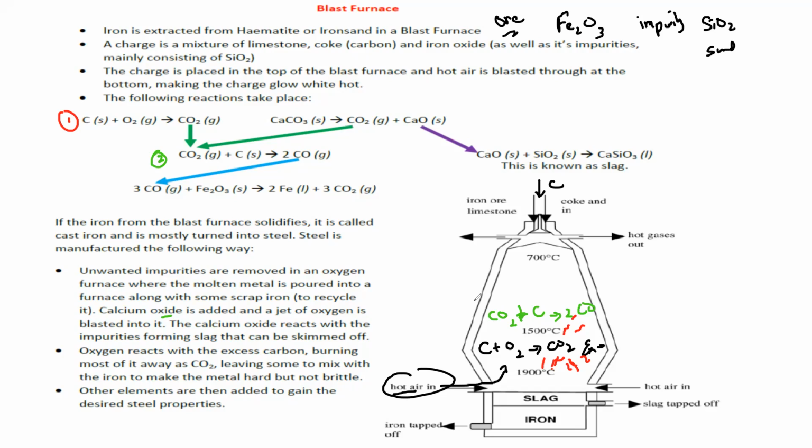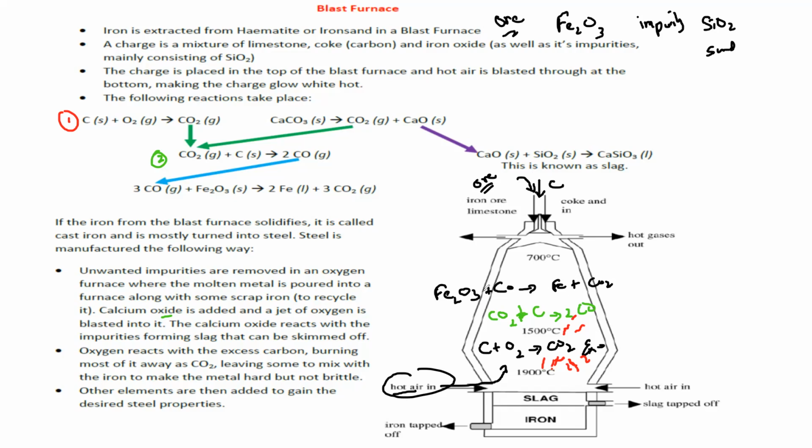So as a result, what happened? The third reaction is when the ore of the iron, which is iron oxide, iron(III) oxide, also called hematite, is added. So we add ore from the top now. The moment we add ore, the iron oxide reacts with carbon monoxide, and as a result, it will produce iron metal and carbon dioxide.